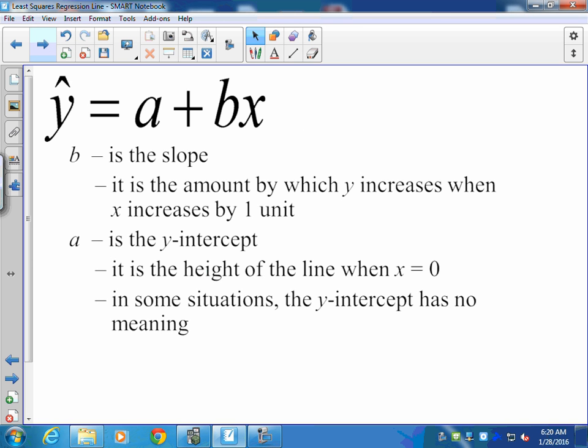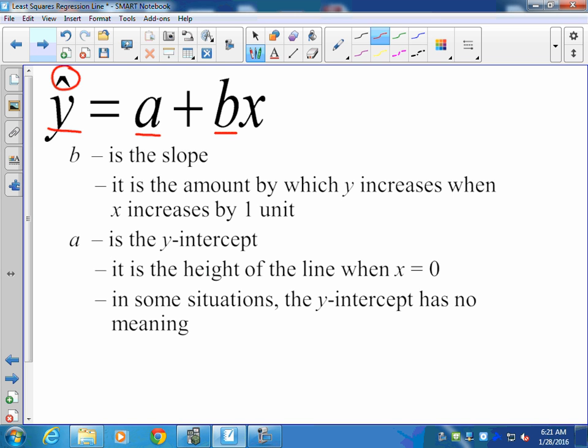Now, when we look at our least squares regression line, it can be written in two ways. The most common way for statistics is y hat equals a plus bx. We use y hat because it's a prediction value, not an actual value, so we always have to designate that.